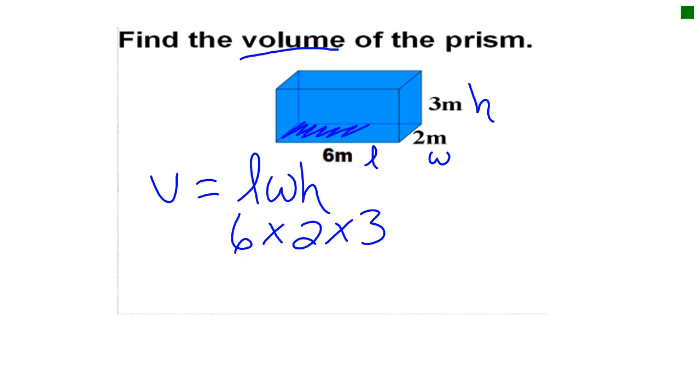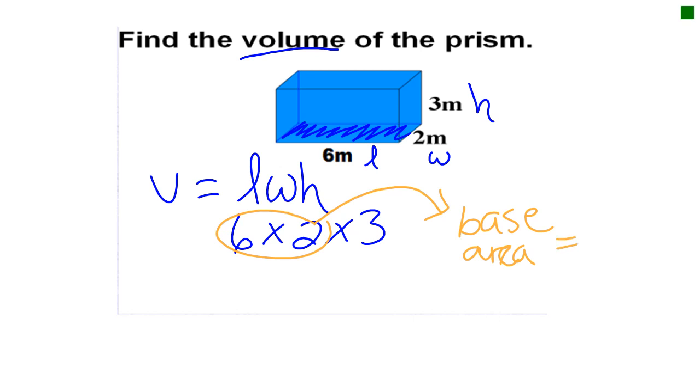Again, this right here is my base, so I'm finding the area of that. So 6 times 2 would give me an area of 12 meters squared for that base. And so the base area is equal to 12 meters squared.